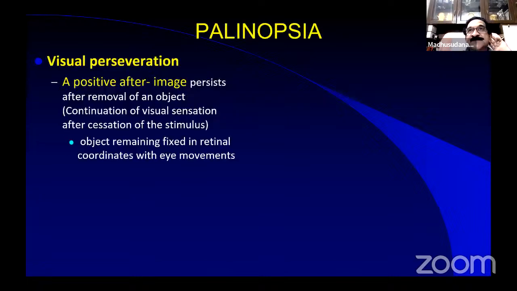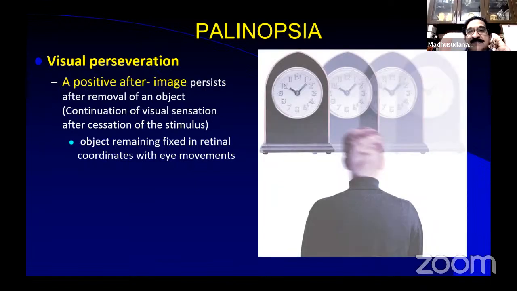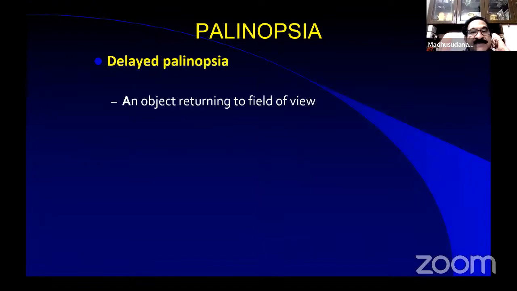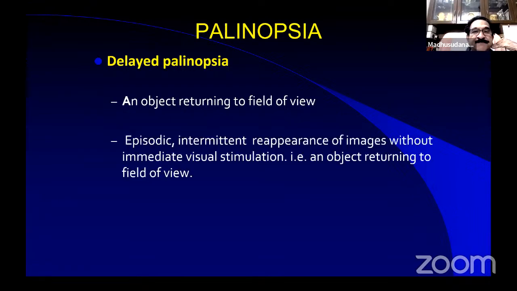Now, what is visual perseveration? It is a positive after-image which persists after removal of the object, that is, continuous visual sensation after cessation of the stimulus, with the object remaining fixed in retinal coordinates with eye movements. You continue to perceive the stimulus even if it is removed. Delayed palinopsia is one in which the object has disappeared and you are seeing other objects, but the previous image comes back into the field of view after some time.